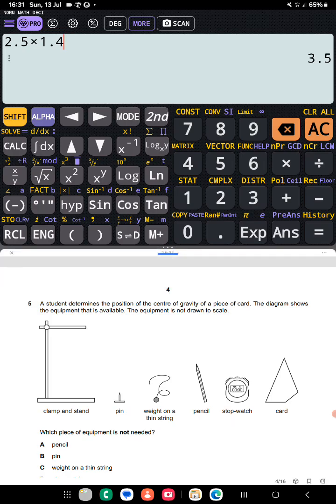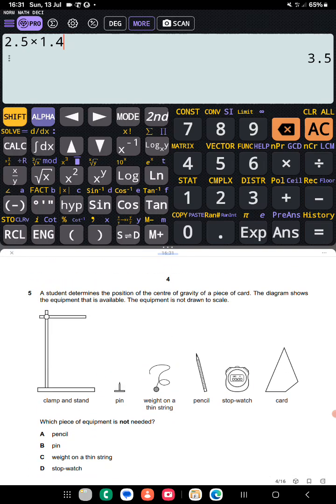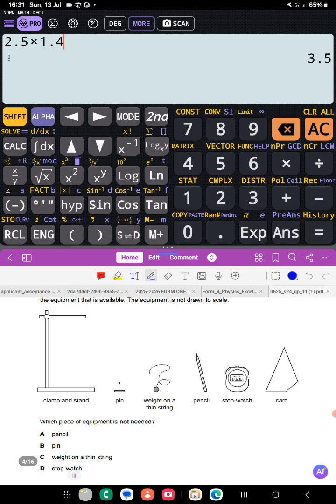Yes, the clamp we need. Pin, yes, is needed. Weight on the string, yes, needed. Pencil, yes. And the card, yes. But the stopwatch is not.